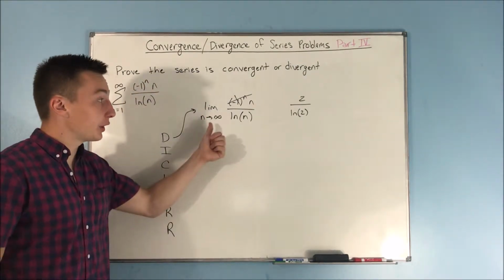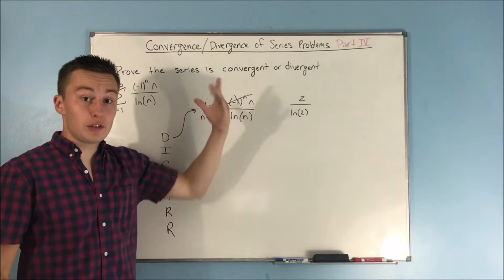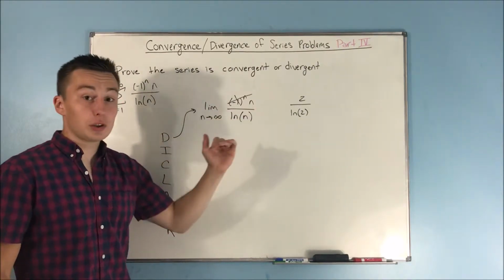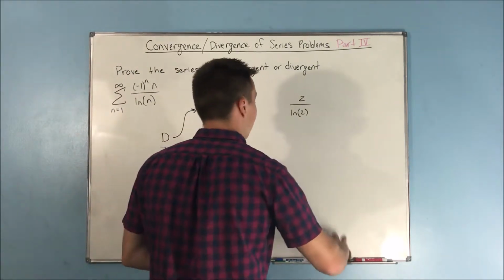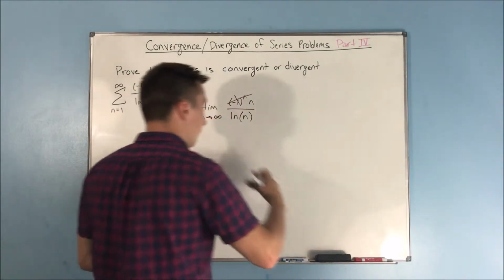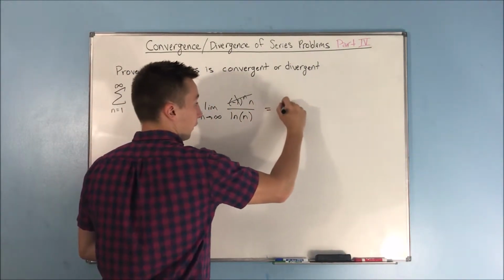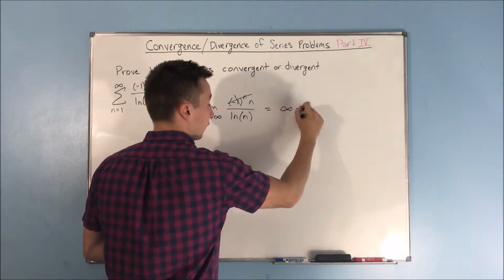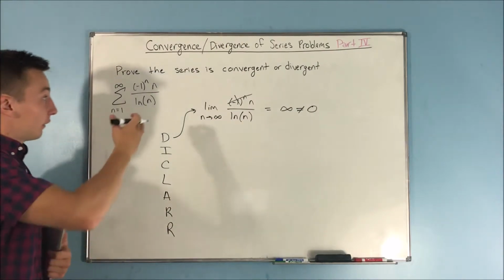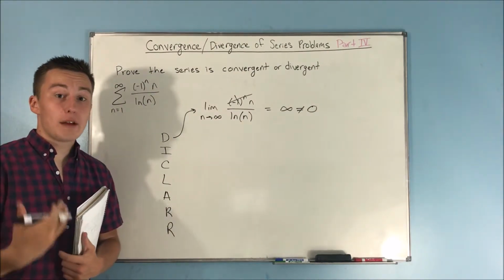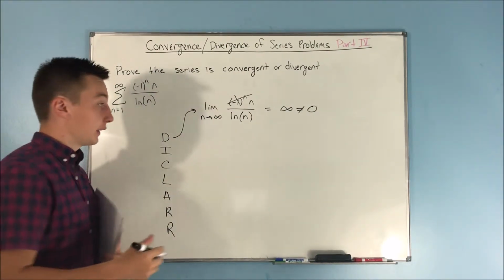So as n approaches infinity, the numerator is going to get larger and larger at a faster rate. So this limit equals infinity, which is not going to equal 0. Therefore, this series is going to be divergent by the test for divergence.